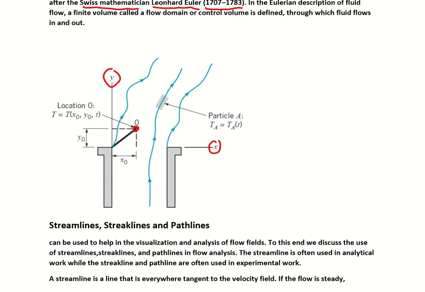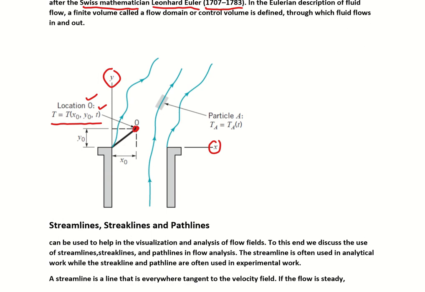So suppose let's say we are observing temperature only. So temperature T over the time at the location which is designated by x0, y0, and it is a function of time also, so this is represented as T(x0, y0, time). This is the property, and which property we are measuring here? Let's say temperature.